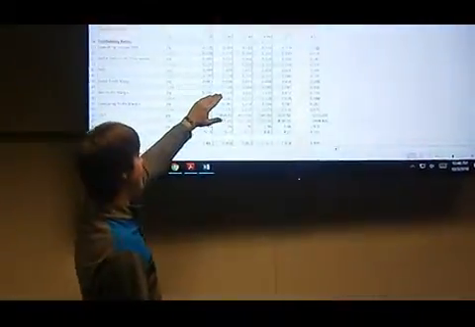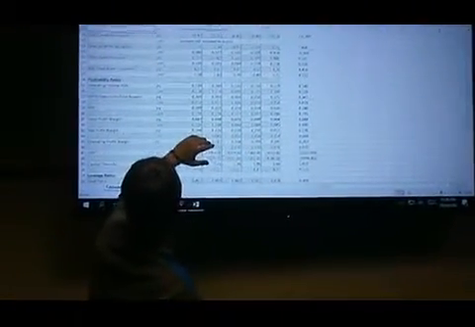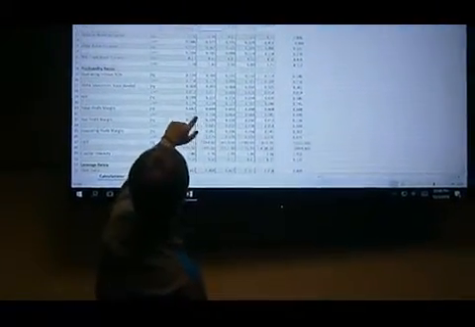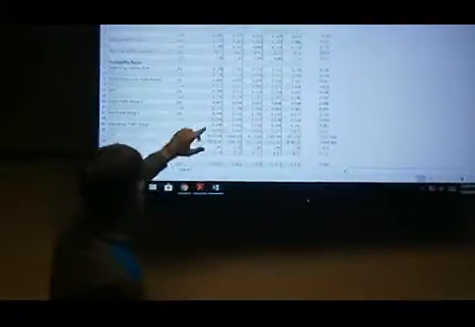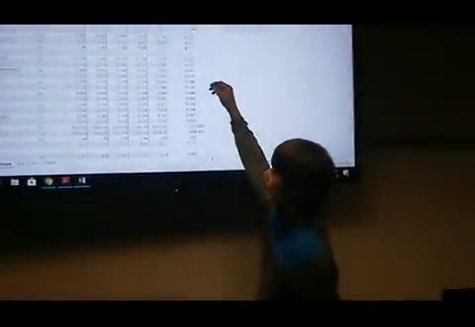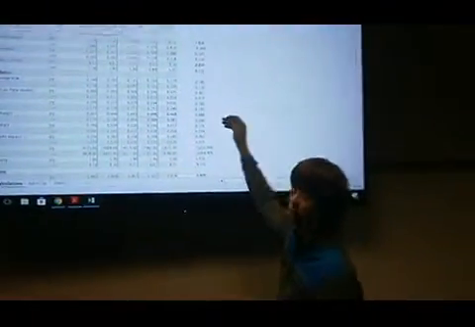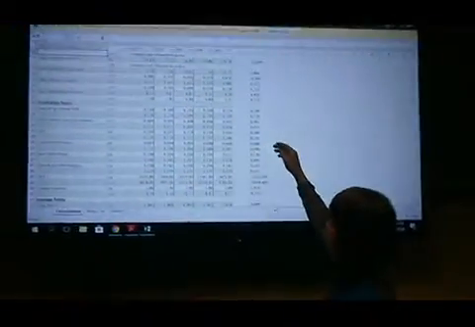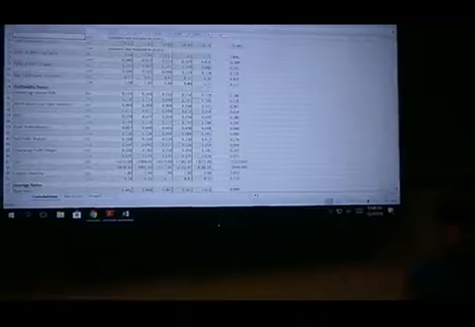UnitedHealth Group is down below 0.1, whereas Johnson & Johnson is closer to 0.6, 0.65. UnitedHealth Group averages a total profit margin of about 0.090, while Johnson & Johnson averages about 0.688, or 0.69.